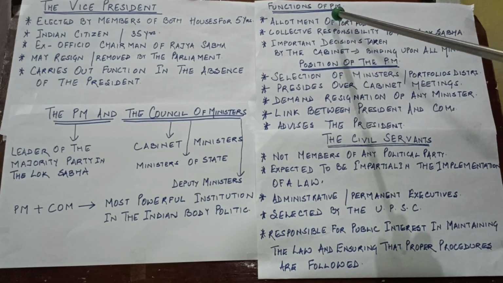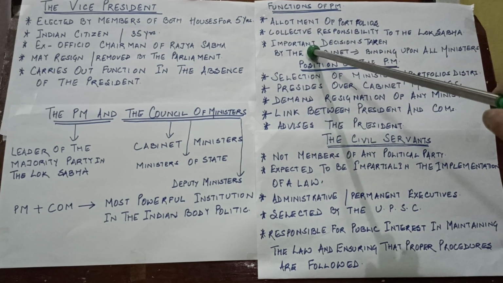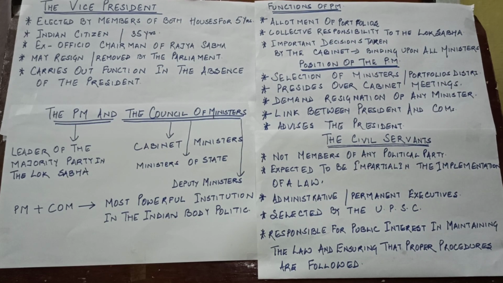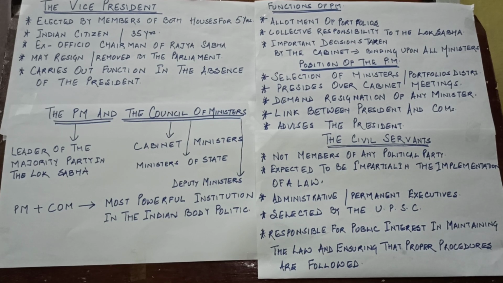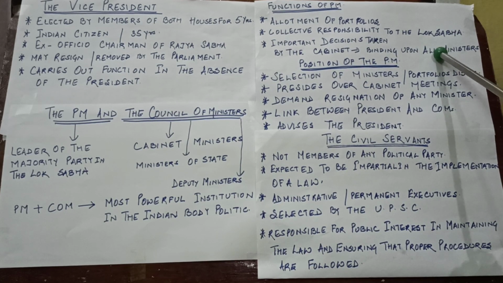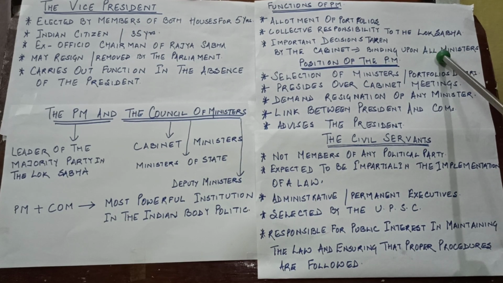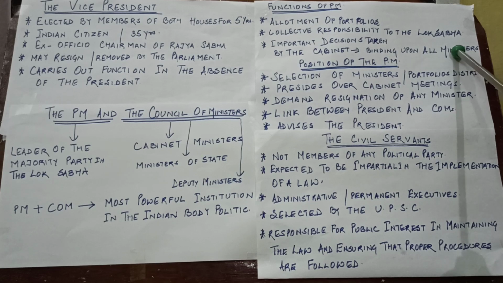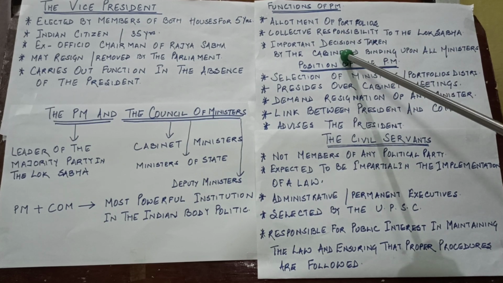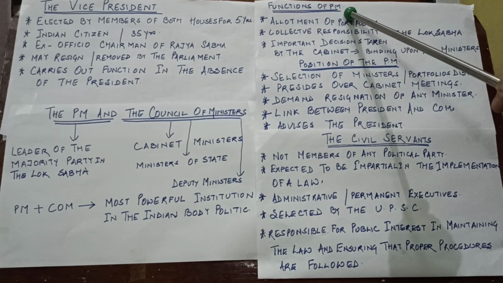So the Prime Minister together with the cabinet take the important decisions in the interest of the country. For example, for the decision for the surgical strike or bringing back Major Abhinandan from Pakistan, the meeting was held by the cabinet under the leadership of the Prime Minister.